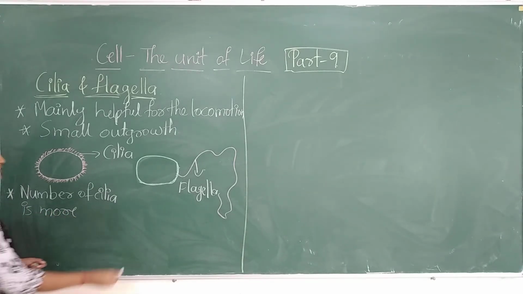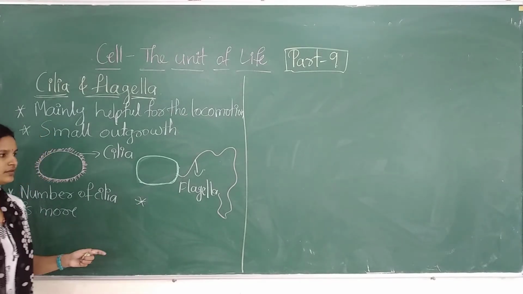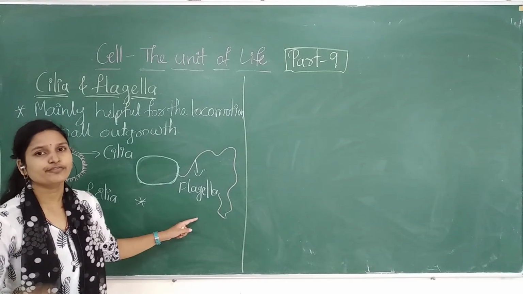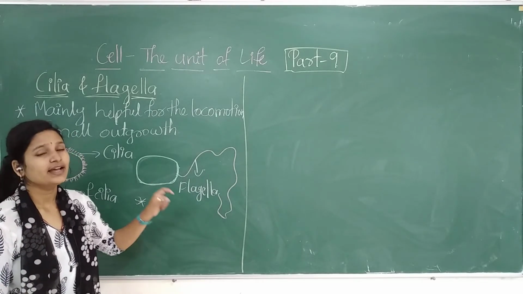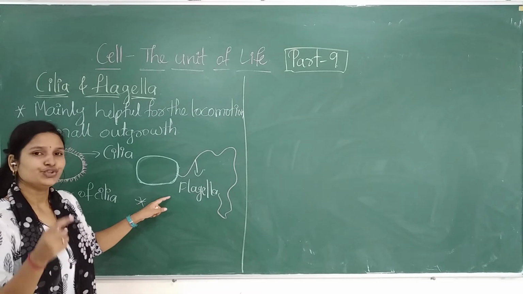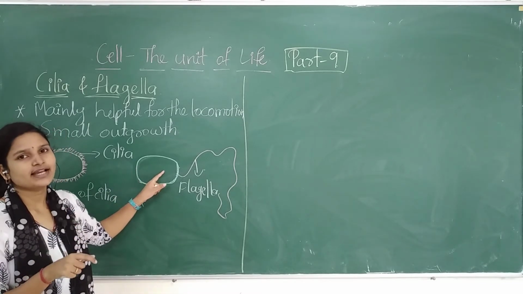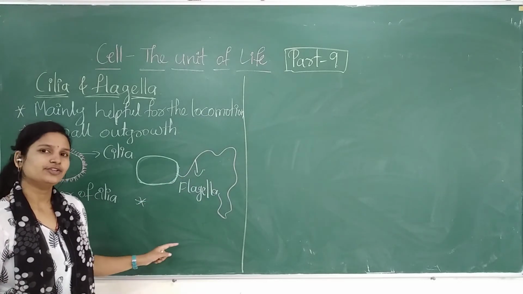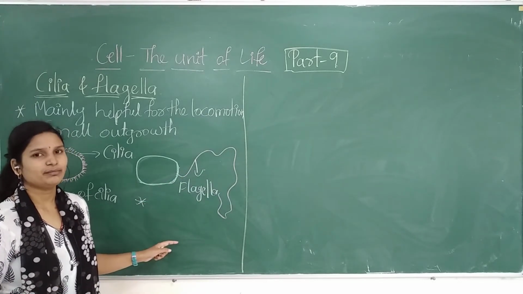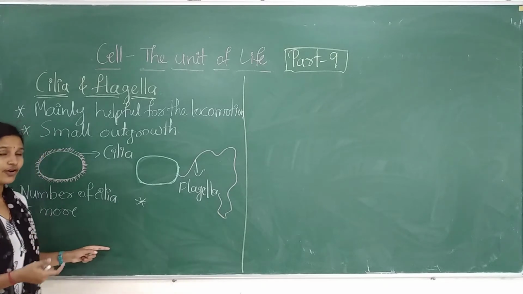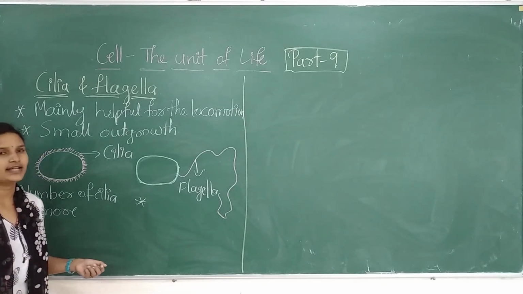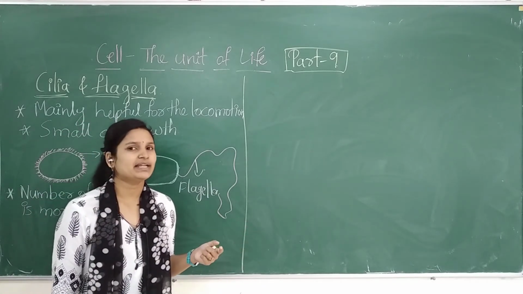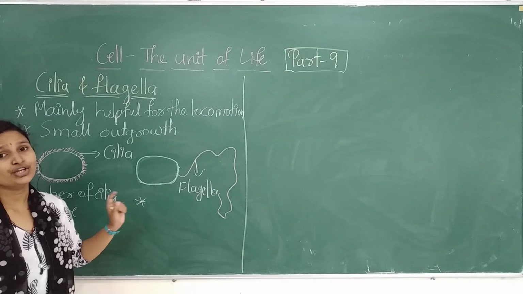What about flagella? In bacteria and others, you are going to encounter this kind of flagella for movement. Can you tell me, inside the human body, is there a presence of this kind of flagella? Can you tell me the name of a structure that has a long thread-like structure, which is mainly helpful for locomotion in humans?